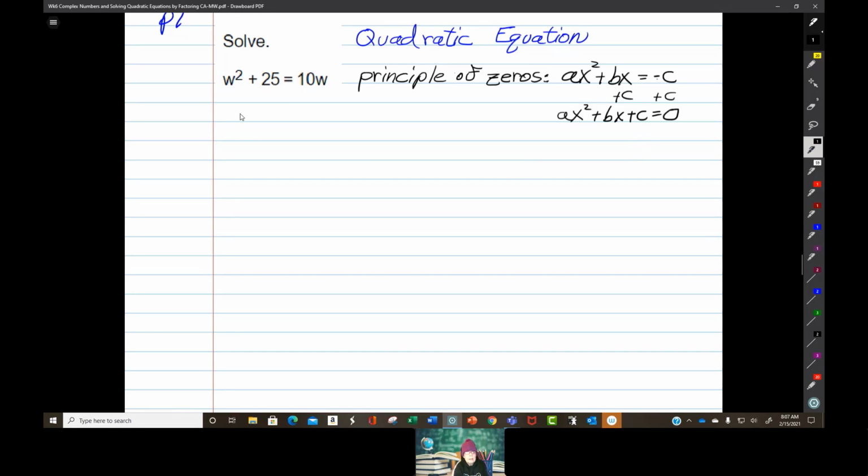Okay, so I'm going to subtract 10w from both sides of the equation. w squared minus 10w plus 25 equals 0.